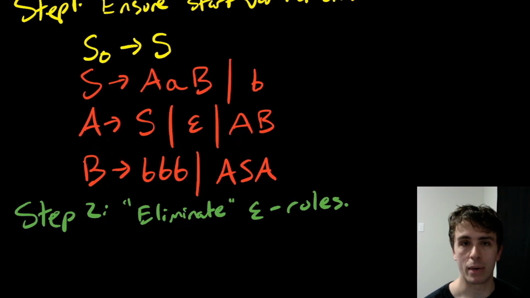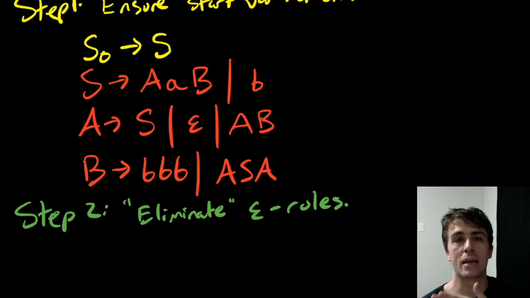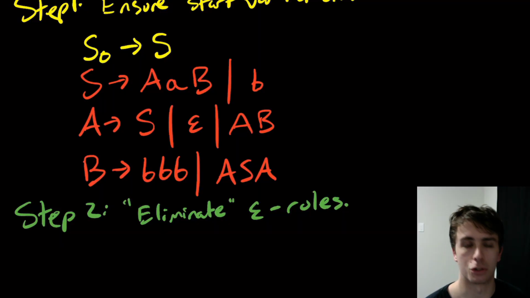And remember, we had that condition of whether a variable is nullable, which means either it makes epsilon directly, or through some combination of variables on the right-hand side that are all nullable too, and then we can infer that the one on the left is also nullable.